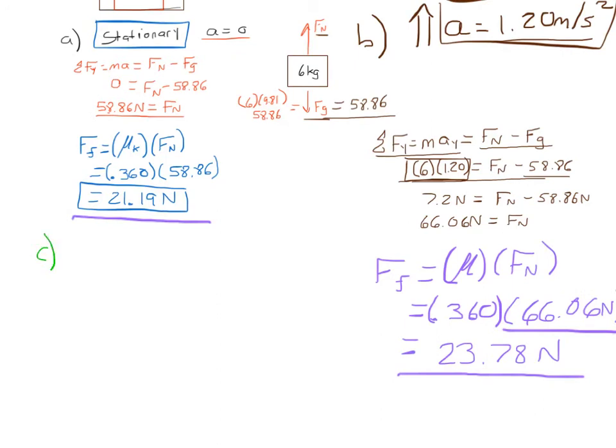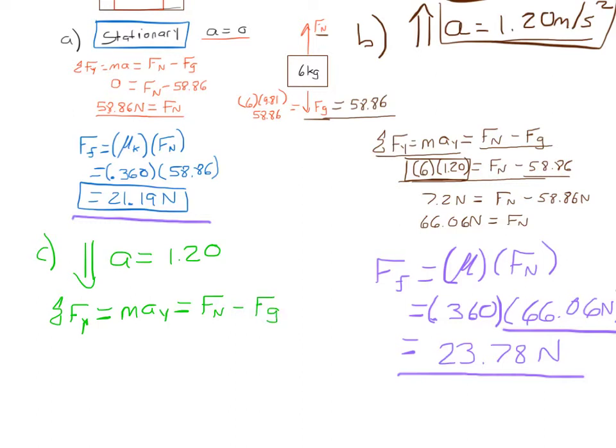For part C, we're accelerating down with an acceleration of 1.20. Now pay attention that it's going down, so our net force is going to be negative. So our net force in the y, just like before, is going to be our mass times acceleration in the y, which is going to equal our two forces in the y: the normal force pointing up minus the force of gravity.